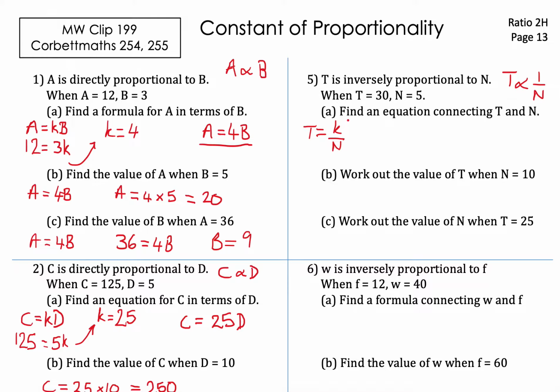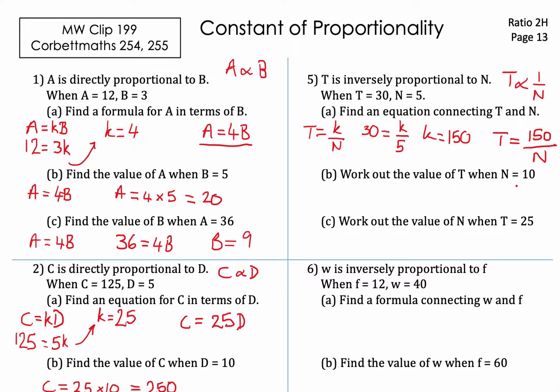We're now going to substitute in our values, so 30 is equal to K over 5, and rearranging that, times by 5, we find that K is equal to 150. So our overall equation connecting them is T is equal to 150 over n.